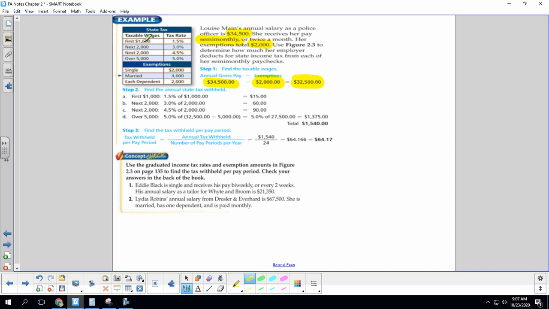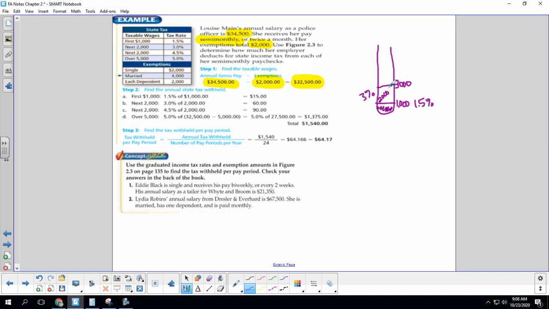Now we're going to take a peek at this table. And remember, we are looking at this in a thermometer type of way. So if we have a little thermometer, on the first $1,000 that you make, your tax rate is 1.5%. On the next 2,000, so we're up to 3,000, the tax rate is 3%.